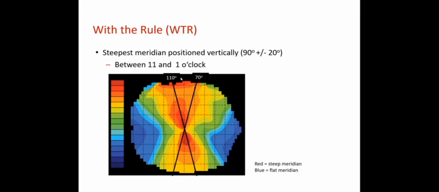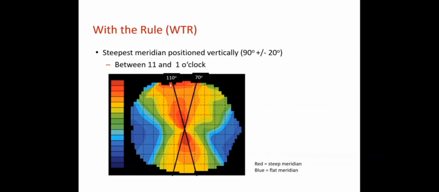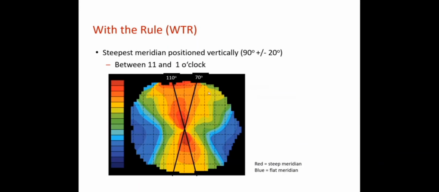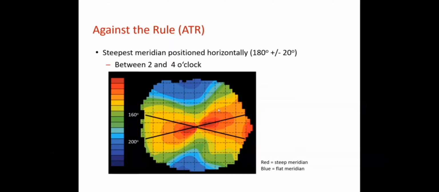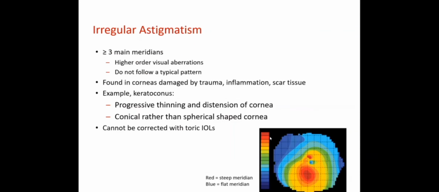If it's with the rule, it's 90 degrees plus minus 20 degrees on either side. So anything between 110 to 160, or 70 to 20 degrees, is considered oblique astigmatism.